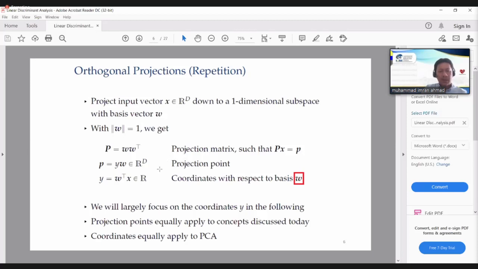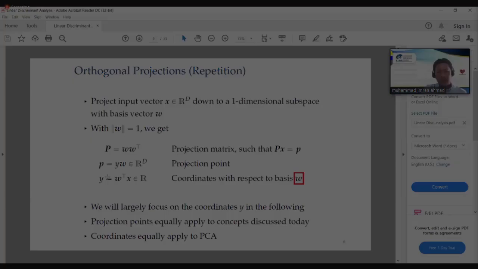and then we project our input X to the basis vector W. Then Y is your low dimensional feature space. So I repeat again, this is what you need to do in PCA, in LDA.